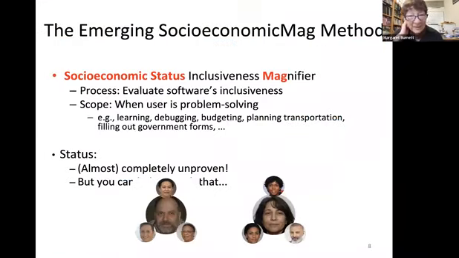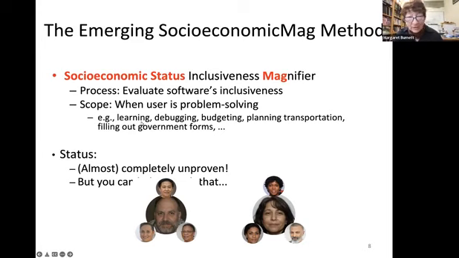Okay, so what is this method? SocioeconomicMag stands for Socioeconomic Status Inclusiveness Magnifier. Just as GenderMag is, it's a process that you use to evaluate your software's inclusiveness. The scope, which also is the same as GenderMag's scope, is when the user is actually problem solving about something.